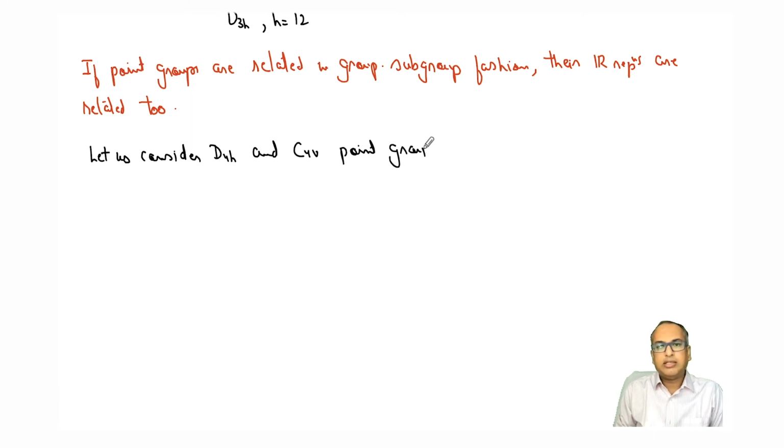In this case, D4H is the group and C4V is the subgroup. So we will write down the character table of D4H and we will see how C4V IR representations are related to D4H IR representations. Okay. So let us see that.